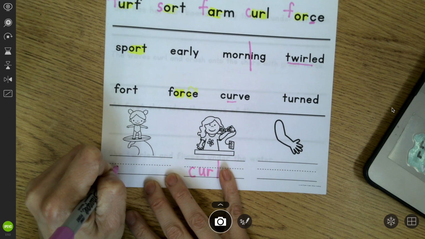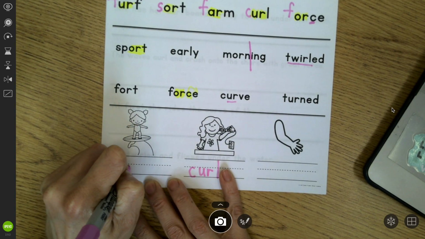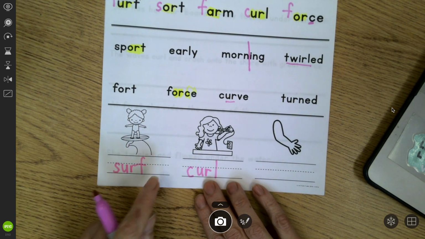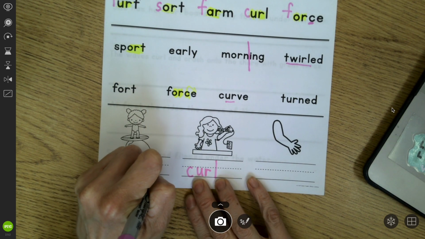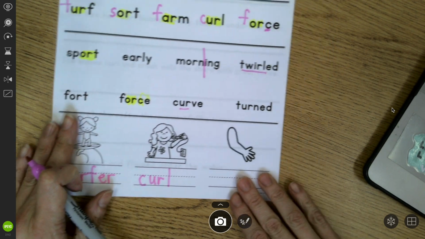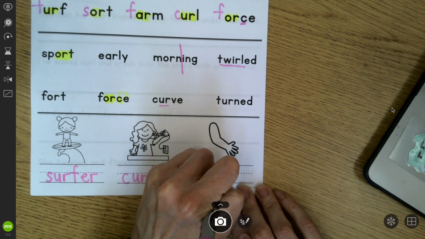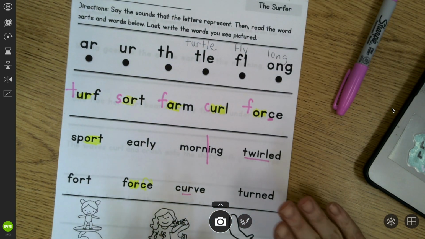All right, so surf is SURF, and then at the very end, it's going to be ER, surfer. And here, arm. Okay, let's get reading.